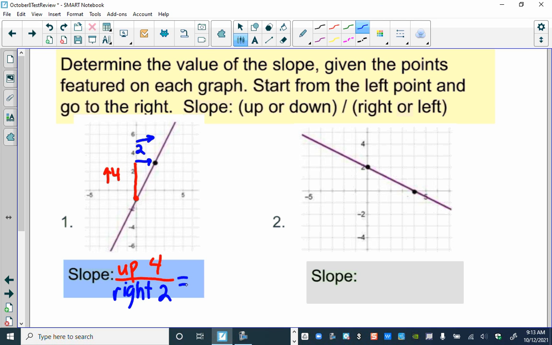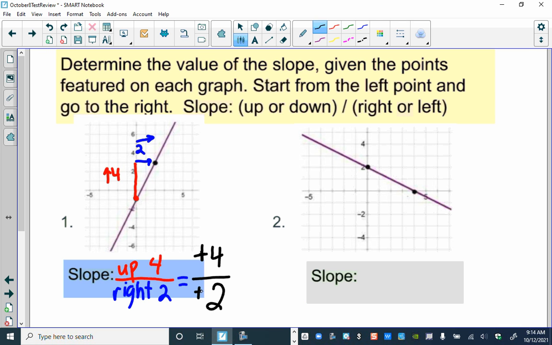So take our fraction. In both cases, are both of these numbers going to be negative or positive? If we go up, is that positive or negative? Positive. You don't need the plus sign, but what about the right? Positive or negative? Going to the right is also positive.